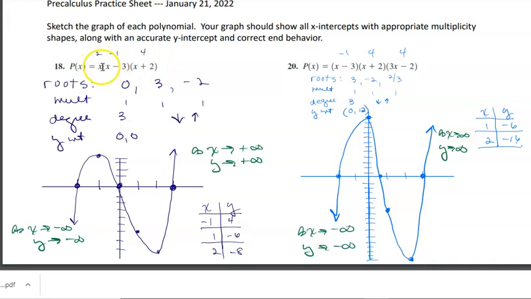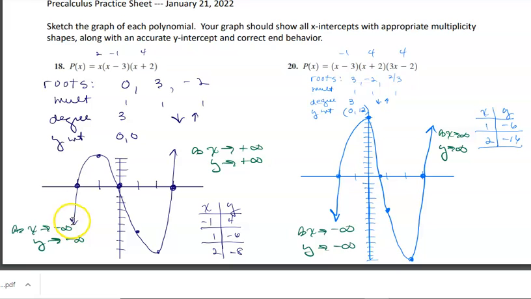So let's do this. If this is 0, I have 0 times, if this is 0, this is negative 3, and then times, if this is 0, 2. Well, 0 times anything is going to be 0, and that's why this root also functions as the y-intercept.